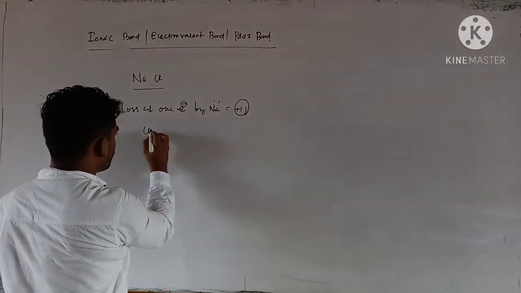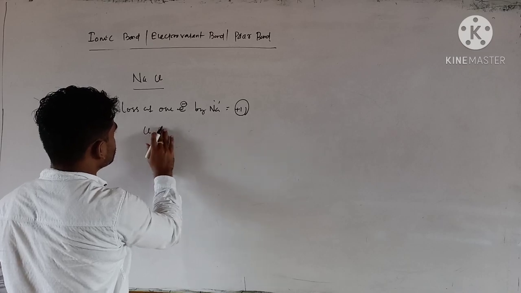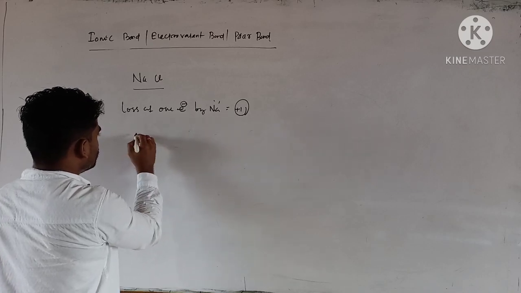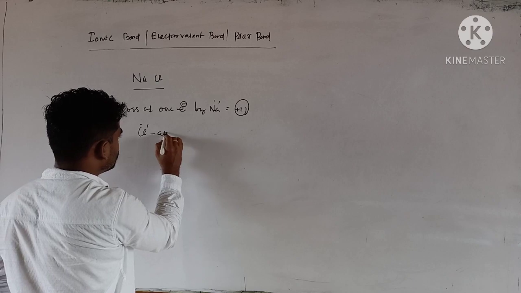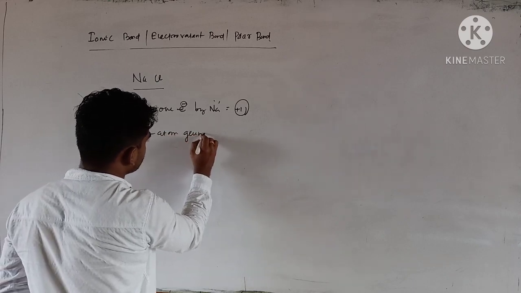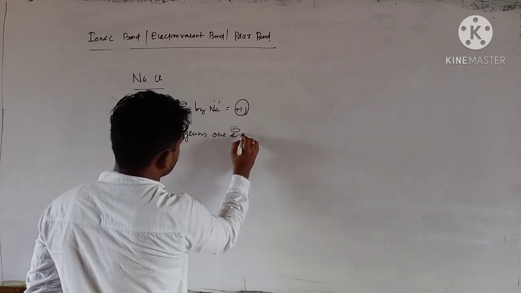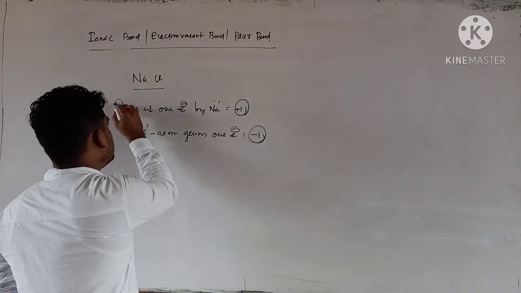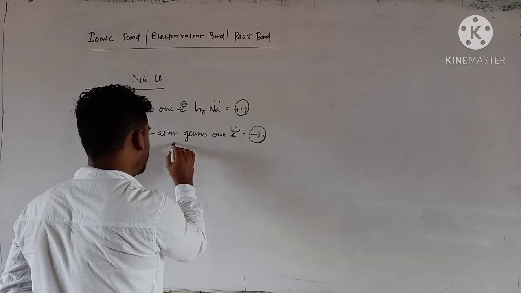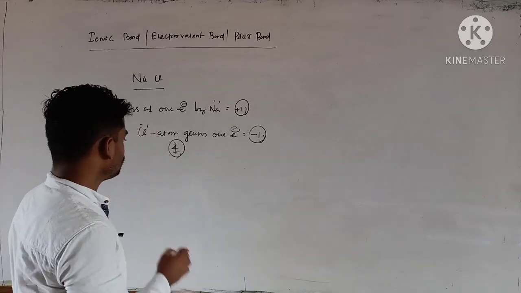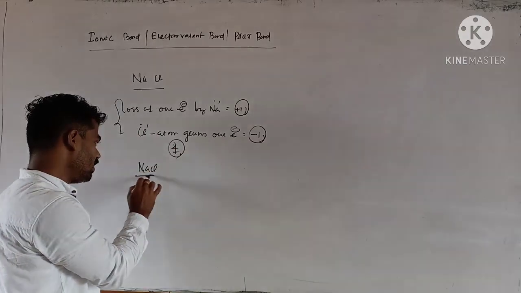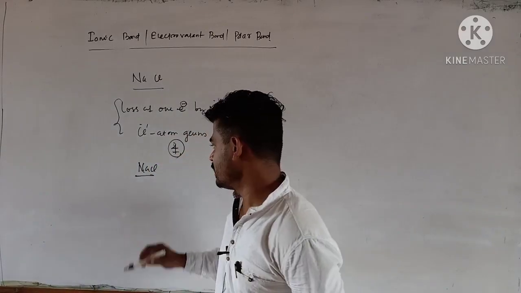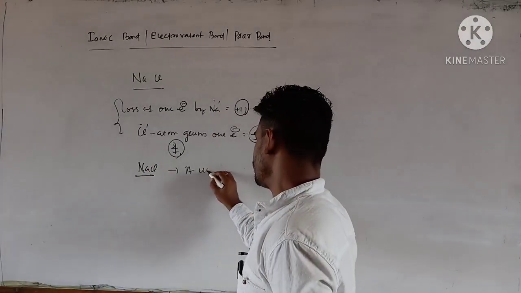Chlorine accepts 1 electron, so the Cl atom gains 1 electron and has a charge of -1. So sodium and chlorine have valency 1, univalent in nature. That's why NaCl is called a univalent electrolyte.